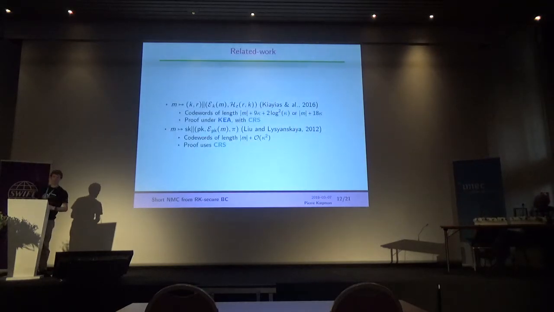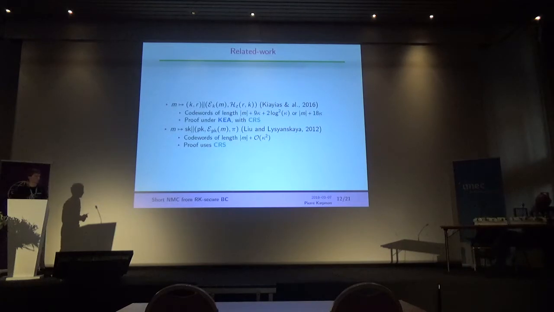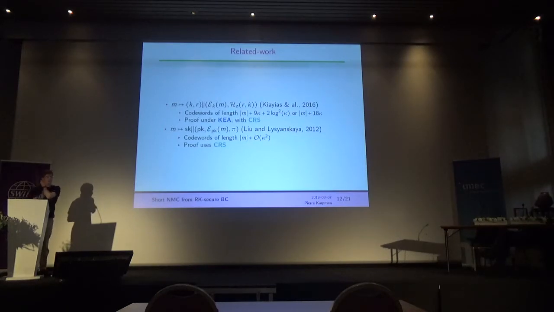There was some related work with similar looking constructions. The previous best work to build this kind of non-malleable code was by Kiayias et al. two years ago, and they also have a left randomness, which is now made of K and R, so it's a kind of two-part randomness. On the right half, it's also the encryption of the message with a symmetric encryption scheme. Then there is an additional hash function that checks that nothing was tampered.